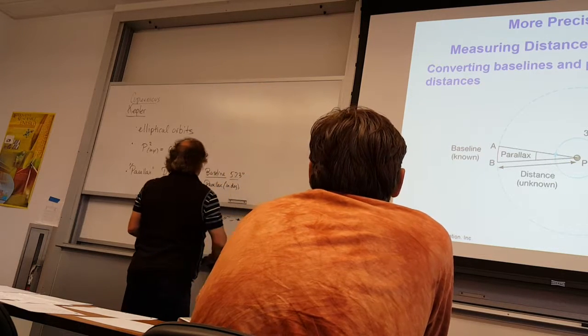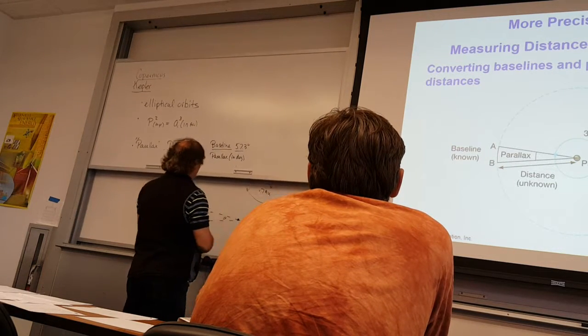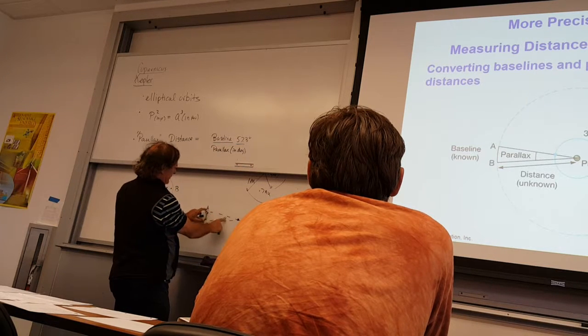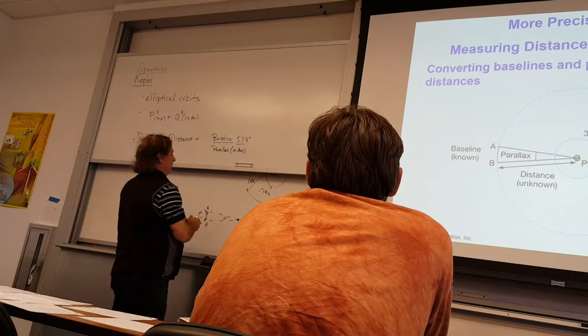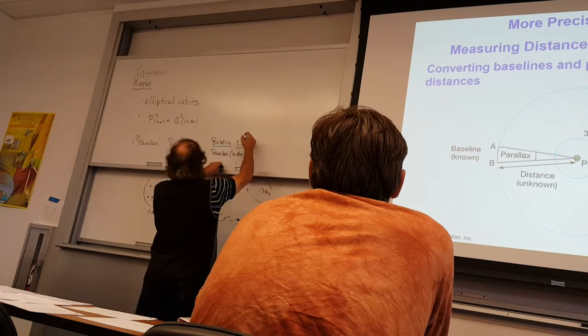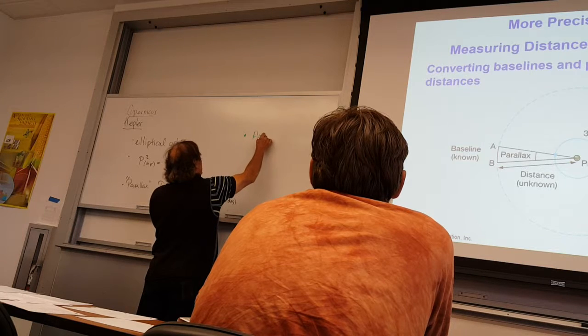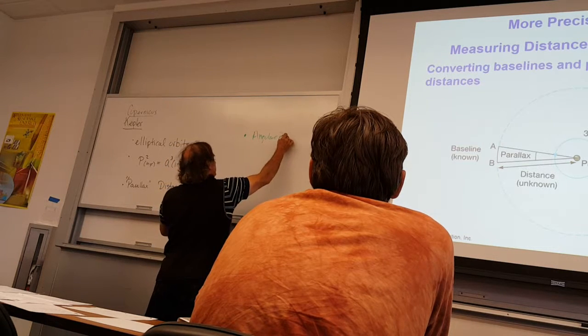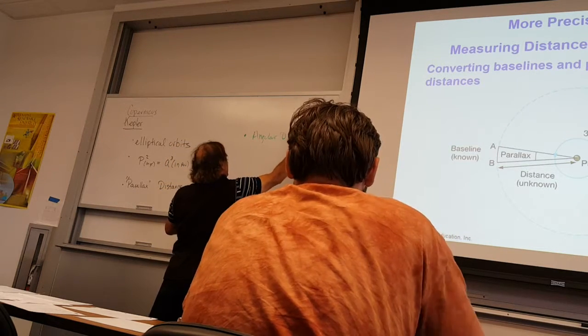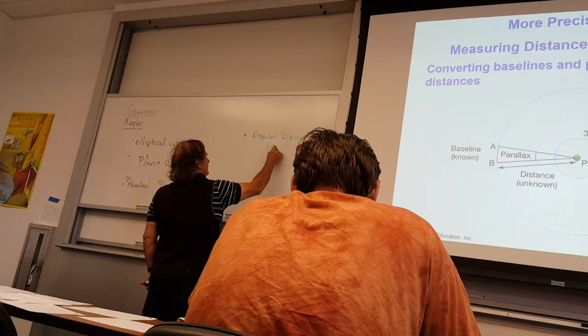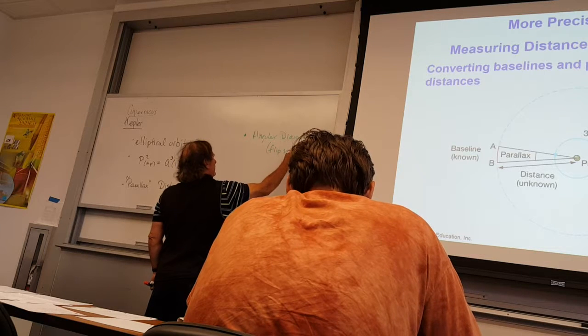And say I'm going to be here and look out and see the angular diameter of something. And then I can use this. I'll put it here, angular diameter. We call it the flip side of parallax.